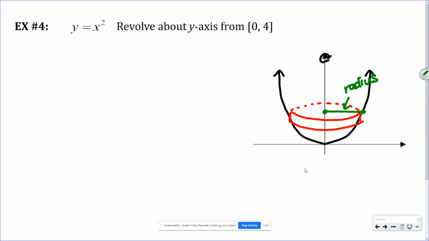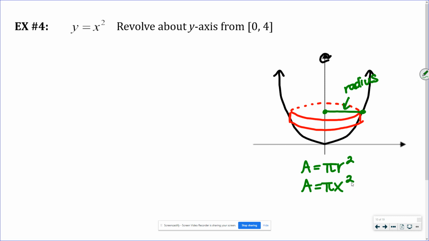Okay, so let's go to finding the area of the disk first. So area is pi times radius squared, but we want to identify the radius differently. In this case, the radius goes from side to side instead of from bottom to top. So that means that the radius is equal to the x value on the curve. So I'm just going to call it the x value for right now.